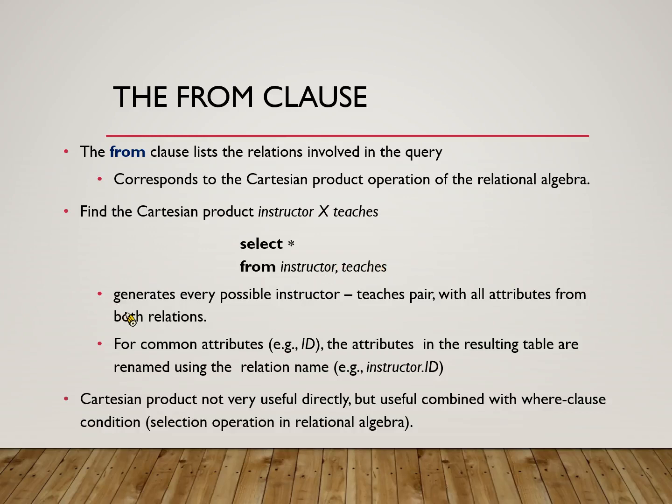It will generate every possible instructor-teaches pair with all attributes from both relations. For common attributes such as ID, the attributes in the resulting table are renamed using the relation name, such as instructor.ID. The Cartesian product is not very useful directly, but it is useful when combined with a where clause condition.